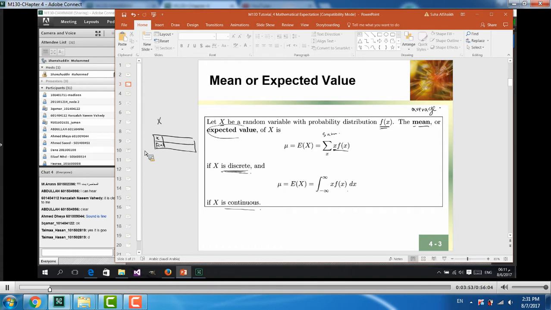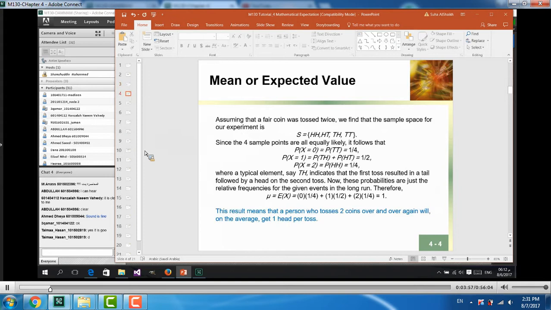As an example, we have this simple example, a pair of coins tossed twice. We find the sample space. Do you remember? The first thing that we did is that we find the sample space. I have a pair of coins, head and tail, again, head and tail, again, head and tail.